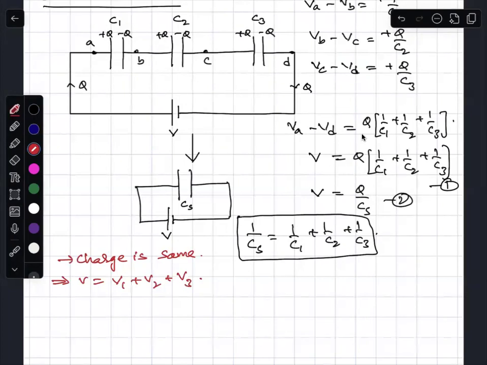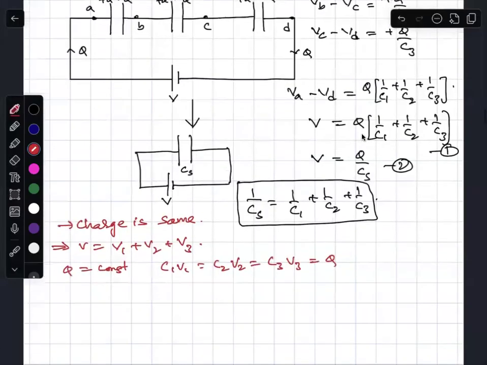Charge is the same and the potential difference is the sum of V1 plus V2 plus V3. And please remember, since Q is a constant, C1V1 is equal to C2V2 is equal to C3V3 is equal to Q, which clearly indicates the ratio of V1 to V2 to V3.